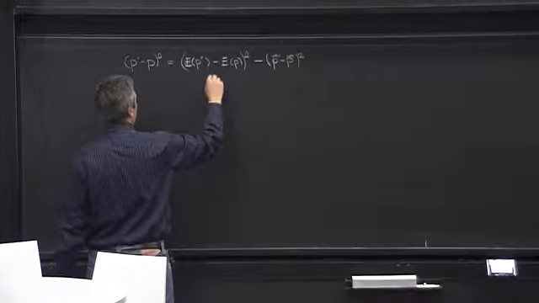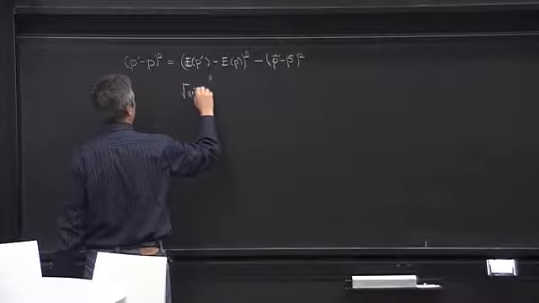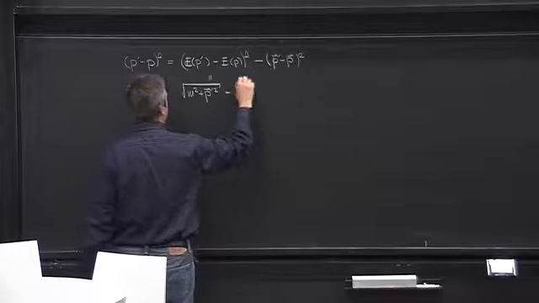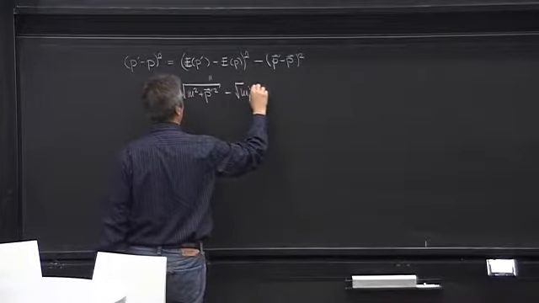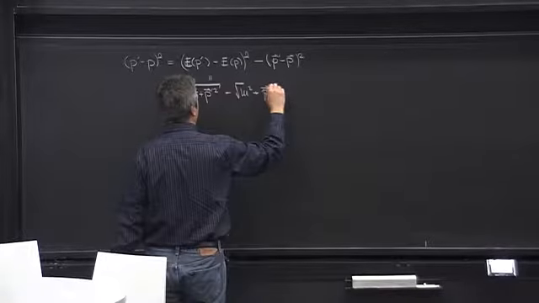And so this is equal to the square root of m squared plus p' squared, minus the square root of m squared plus p squared.